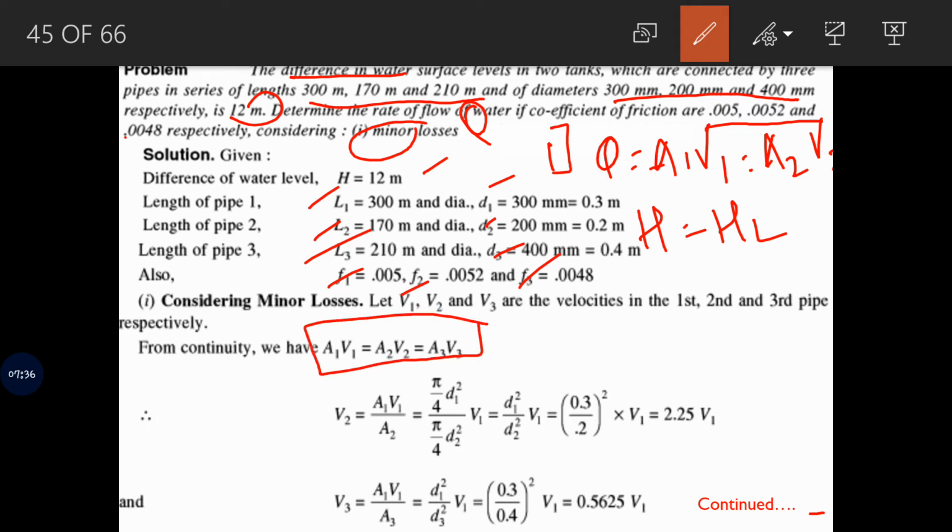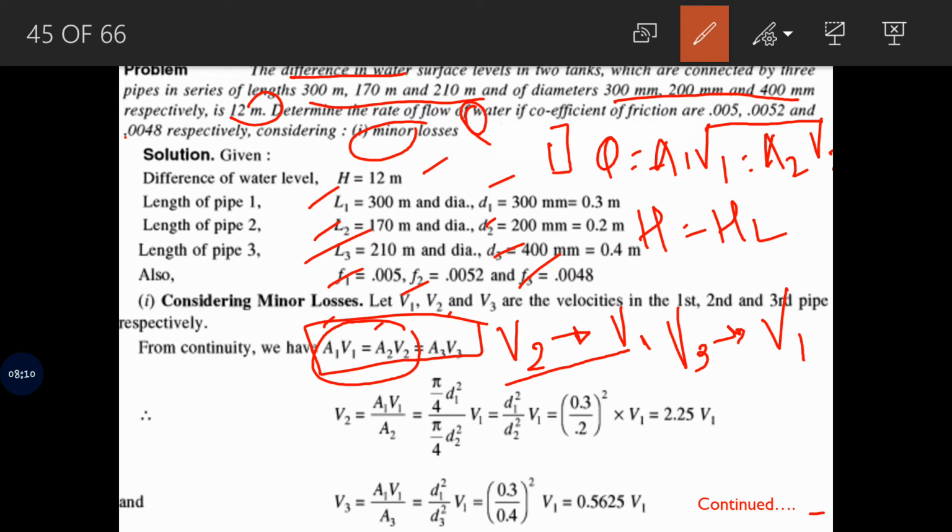Now here, as diameters are known, A1, A2, A3 values are known to us. V1, V2, V3 are unknown, as the discharge is unknown. Now what we have to do is convert V2 in the form of V1 as well as V3 in the form of V1. How can we get this? First, if I equate A1 V1 is equal to A2 V2, I'll get the relation of V2 with respect to V1.